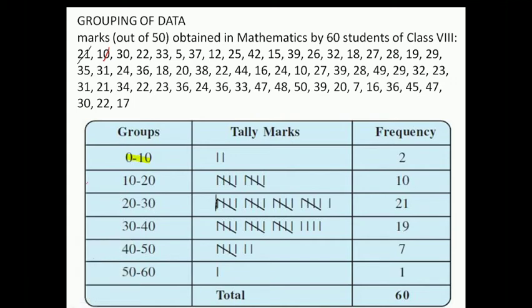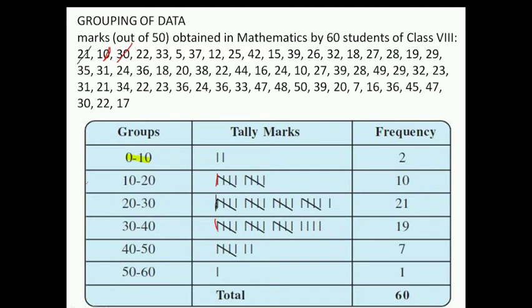Okay, now look carefully. 10. So I will keep this 10 in my 10 to 20 group. Now again 30. Where is 30 a lower class limit? In 30 to 40.